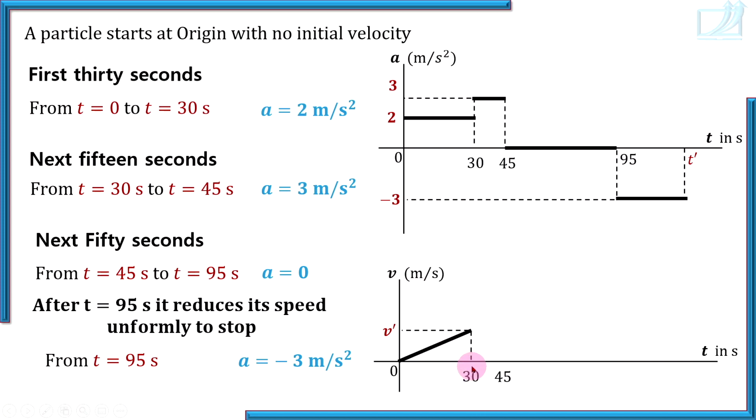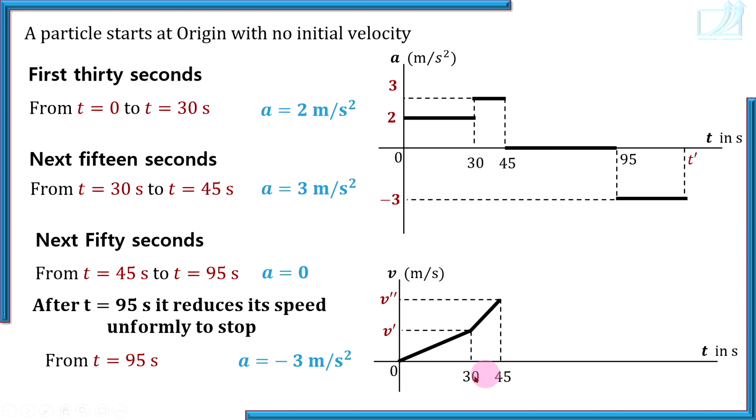In the sense, the slope of the VT diagram is more than the slope in the earlier interval. So when you draw the line here, don't simply extend the earlier line, show greater slope for this new line. So 30 to 45, this is the VT diagram. What is the new value of velocity reached? We don't know, so I have labeled it as V double dash.